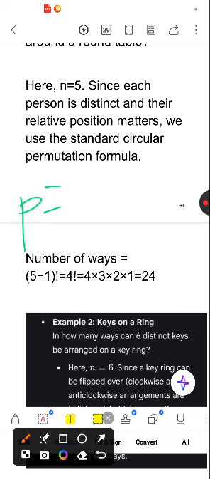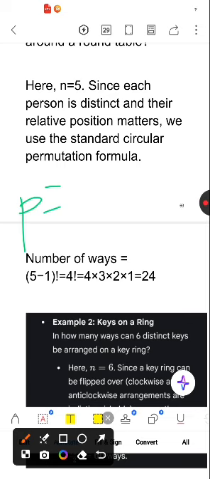Now, anytime we are talking about permutation, as we stated earlier, one of the characteristics of permutation is that unless specified, every object must be distinct. They must not repeat, unless in cases where it is with repetition.